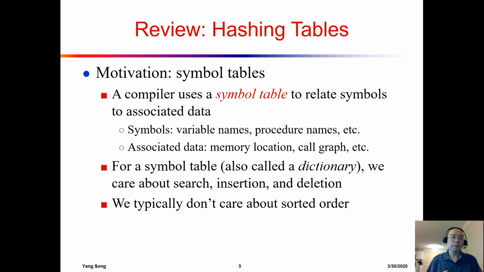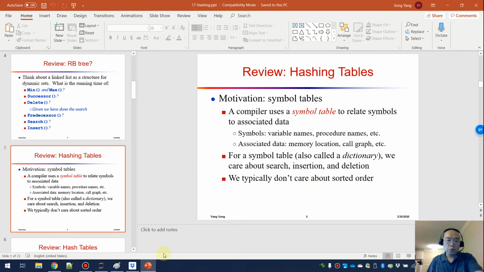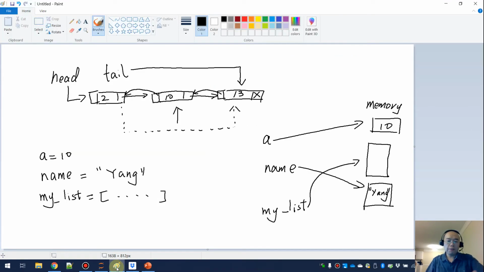So for this kind of symbol table, which we sometimes also call a dictionary, what we have to do is search, insertion, and deletion. To do a search, for example, if I'm using another line of code, say a equals a plus 2, I'm taking the value of a, adding 2 to the current value and putting it back to a, right?